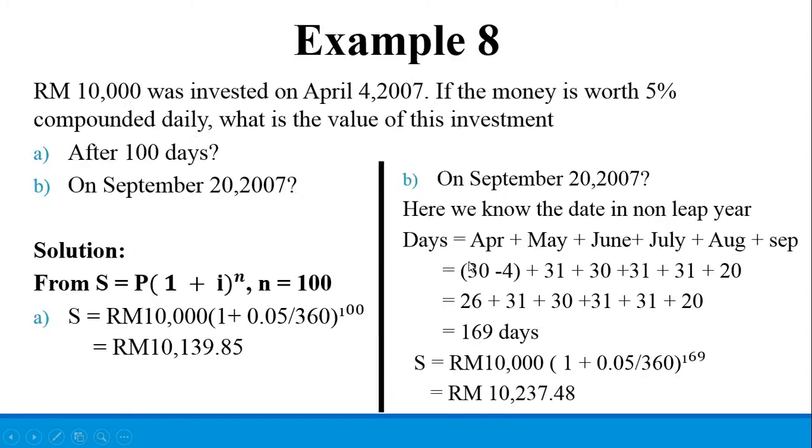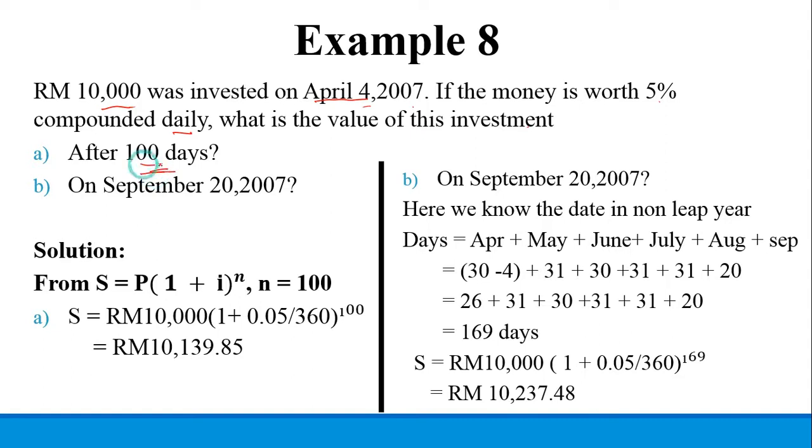Okay, next one. This is the case when they give you the time, which is from April 4, 2007. If you invest 10,000 on April 4, 2007, and the money is worth 5% compounded daily, what is the value of the investment after 100 days?